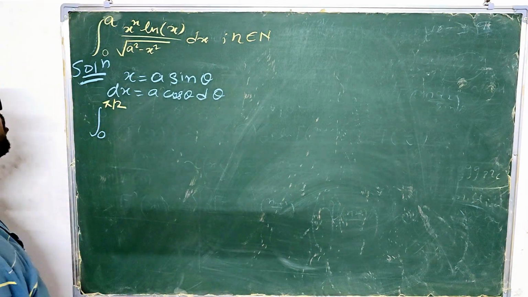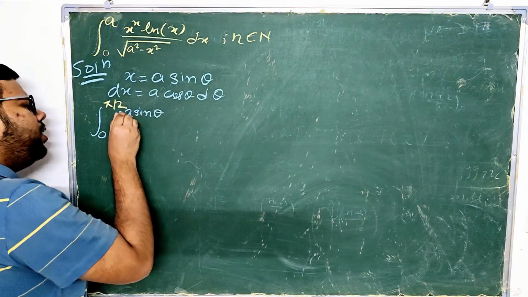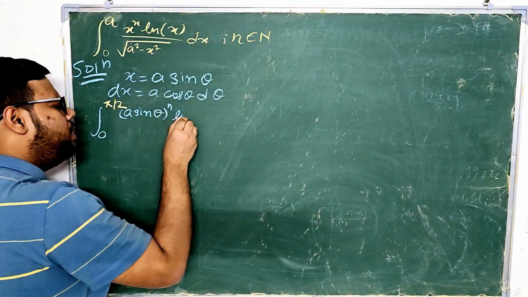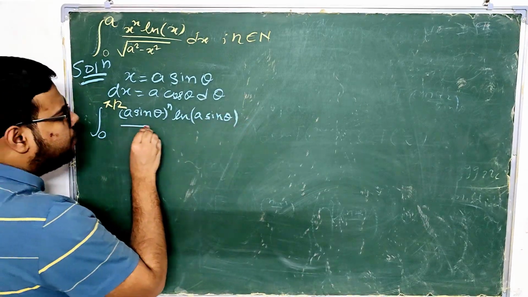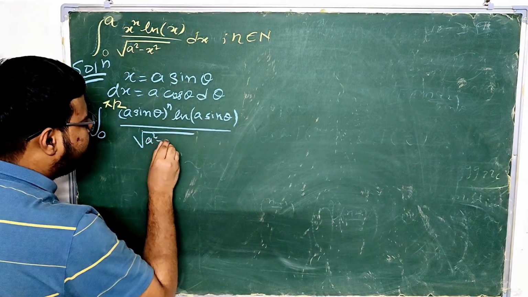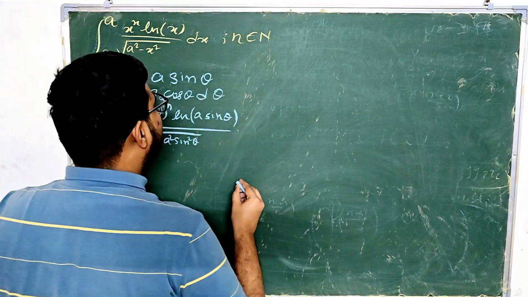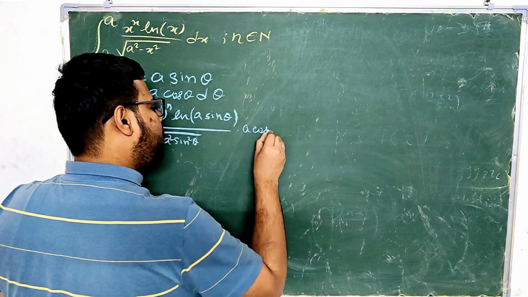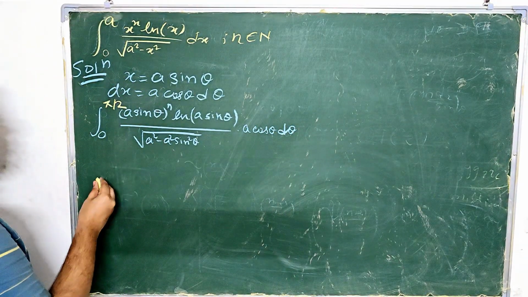Okay, so we have the expression (a sine theta) raised to the power of n times natural log of (a sine theta) divided by the quantity a square minus a square sine square theta, times the quantity a cos theta d theta, correct? Okay, so let's simplify it.